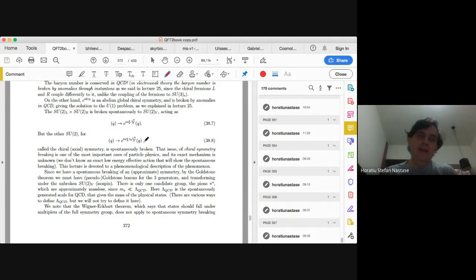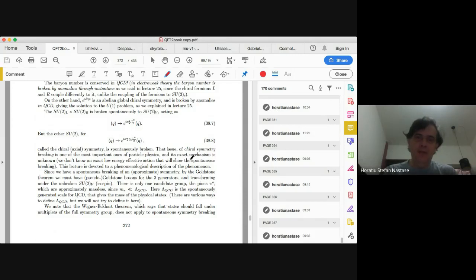And then the specific mechanism by which it is broken is unknown. This is one of the most important issues of particle physics, this one of chiral symmetry breaking. So the exact mechanism, meaning we don't know the exact low energy effective action or how to calculate it and what it actually is.